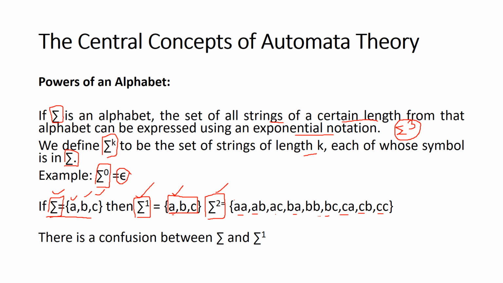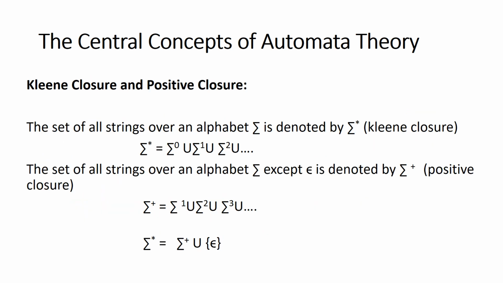Now let us move on to the next concept, which is Kleene closure and positive closure. Just now we have defined powers of an alphabet. The set of all strings over an alphabet sigma is going to be the union of sigma power 0, which is all the strings whose length is 0, sigma power 1, which is all those strings whose length is 1, sigma power 2, sigma power 3, and so on and so forth.